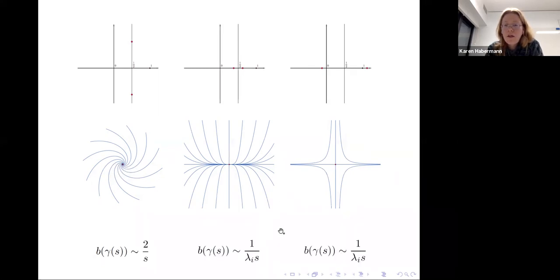And similarly here, you can show that this function is going to behave roughly like 1/λIs, provided you are sort of on the characteristic line, which corresponds to the corresponding eigenvalue. And now the crucial thing is that 1/λI in this setting is always going to be positive and strictly bigger than 1.